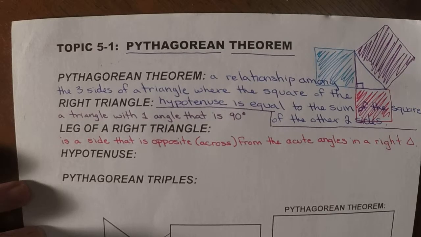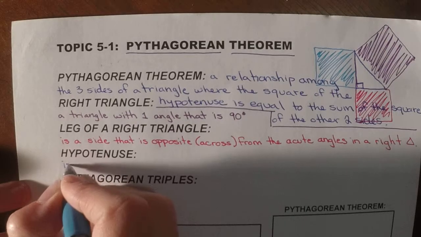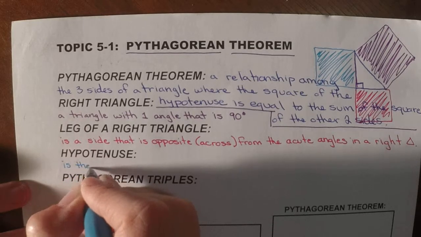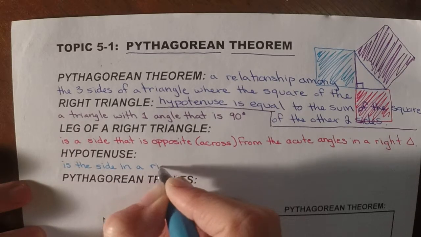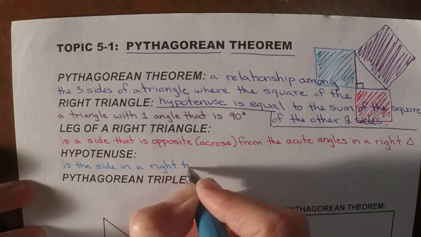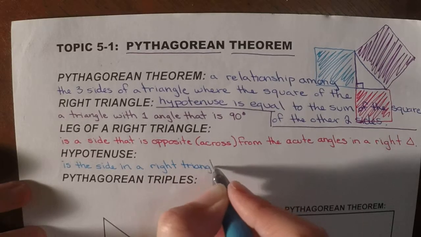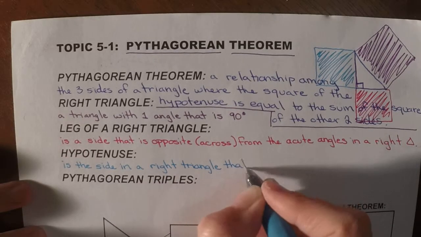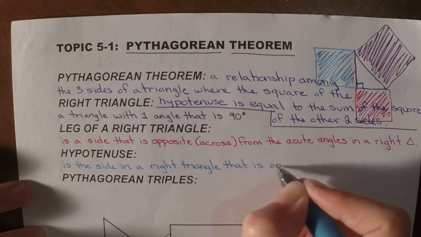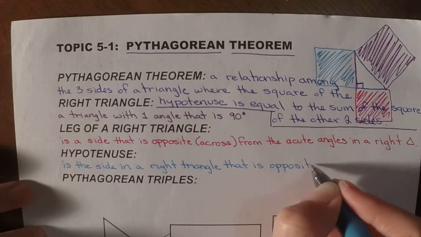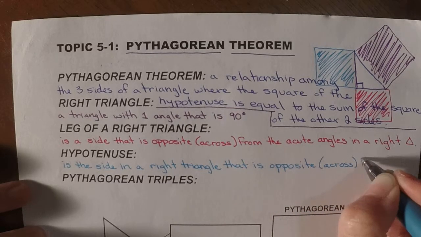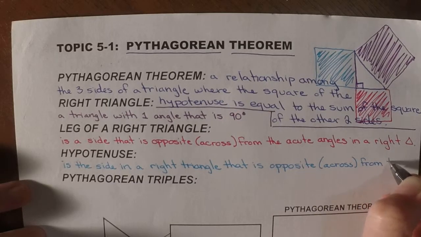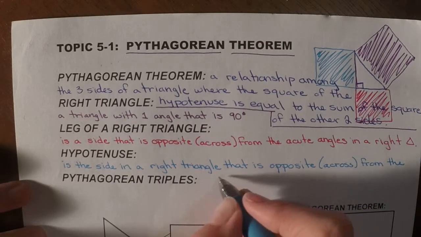So then the hypotenuse is kind of the same thing, except this is the side in a right triangle that is opposite, or again that means across, from the right angle.